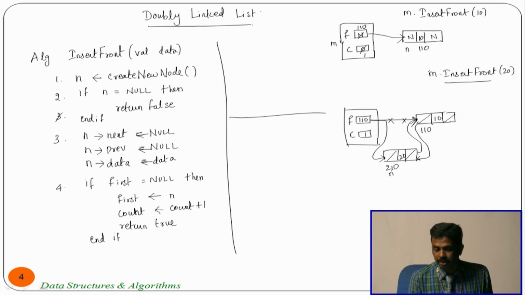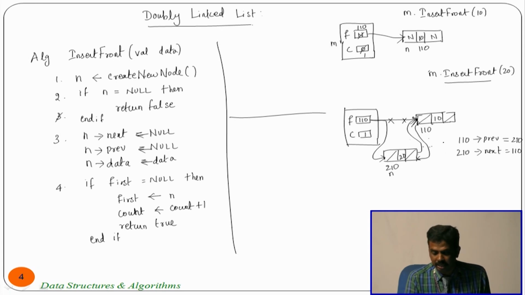First node equal to the newly created node. Before assigning this, just update these two links, that is, this 1 and 2 you have to create. It means the existing 110's previous field is equal to 210. Similarly, 210's next field is equal to 110.